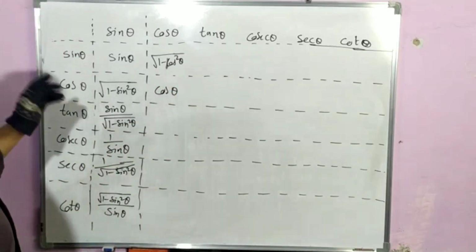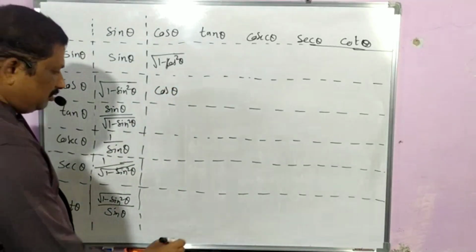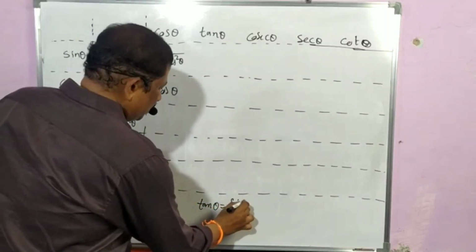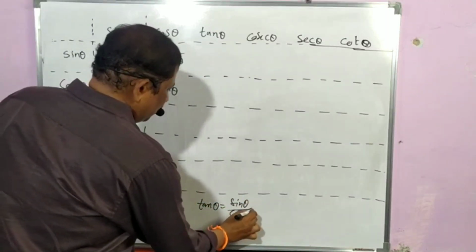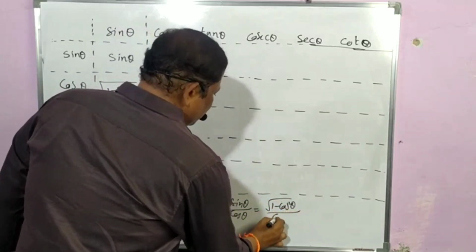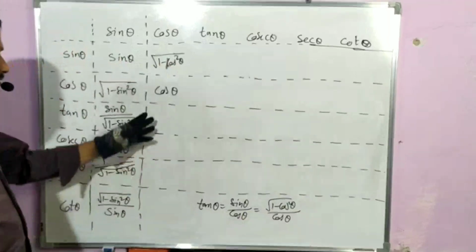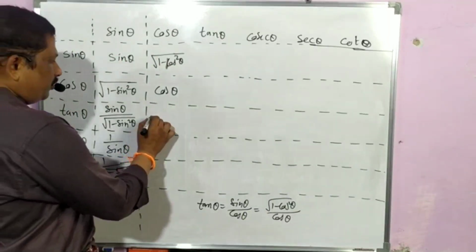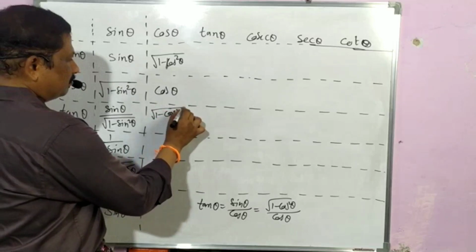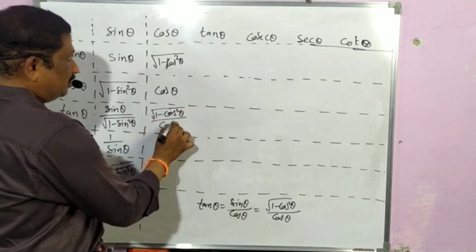Tan in terms of cos: we know that tan theta is equal to sin theta by cos theta. Sin can be written as root of 1 minus cos square theta, so tan theta is root of 1 minus cos square theta by cos theta.